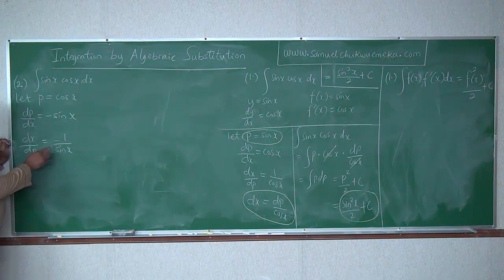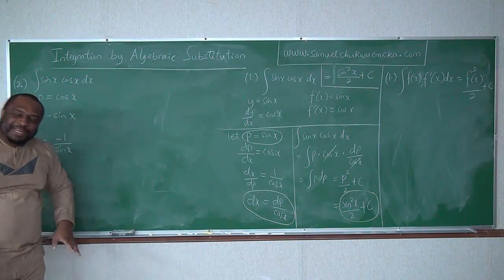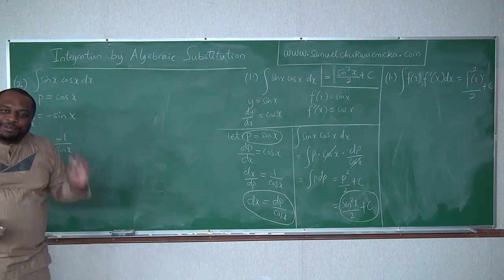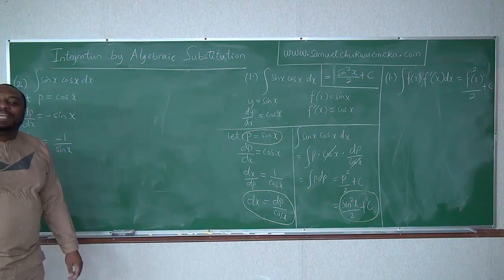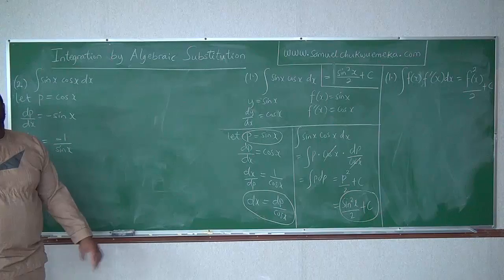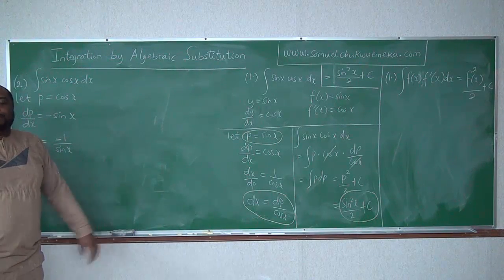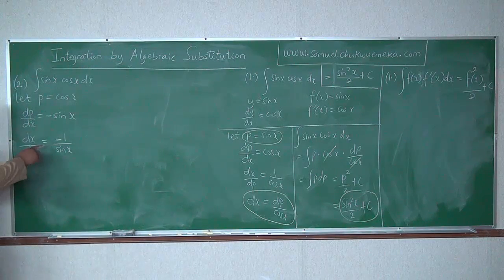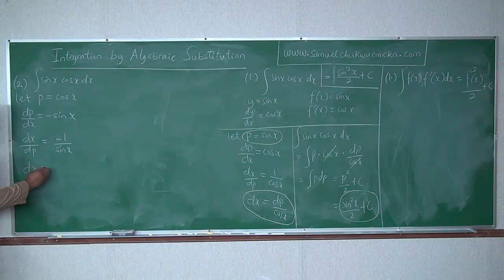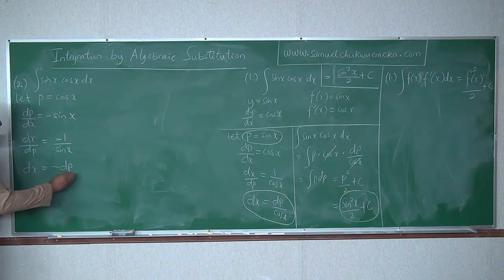By now, you should know that negative is never in the denominator. It is an abomination. You do not put negative in the denominator of a fraction. That is a taboo in mathematics. So this will be negative 1 over sine x, so dx is negative dP over sine x.